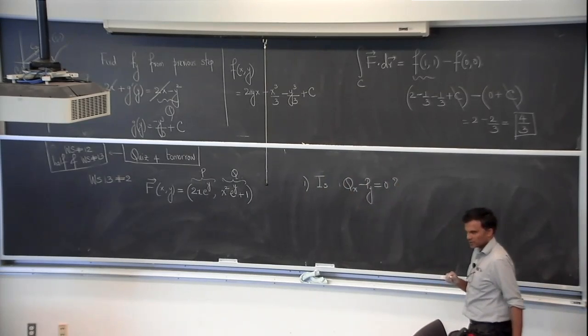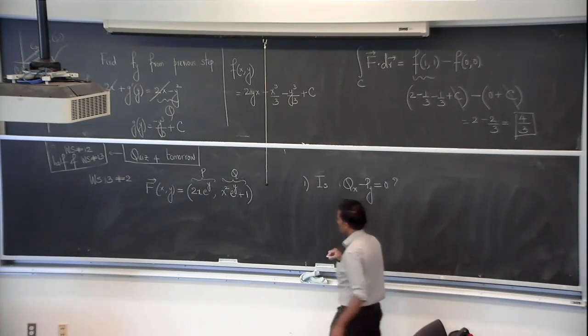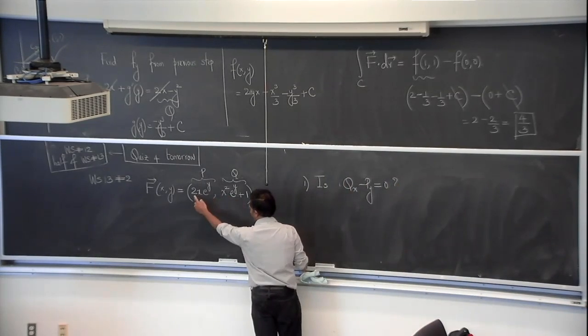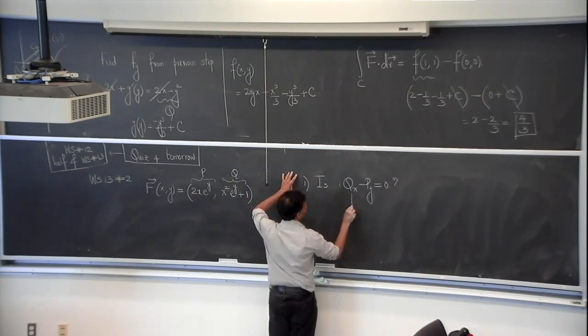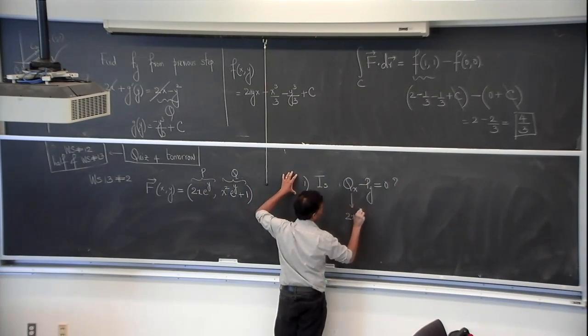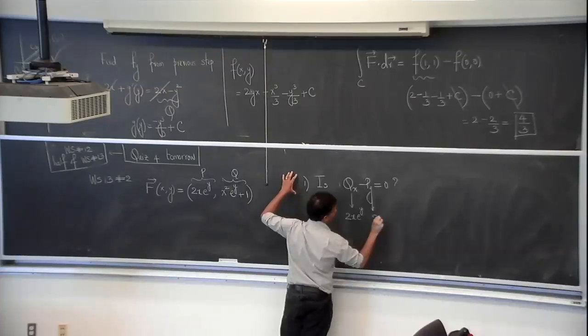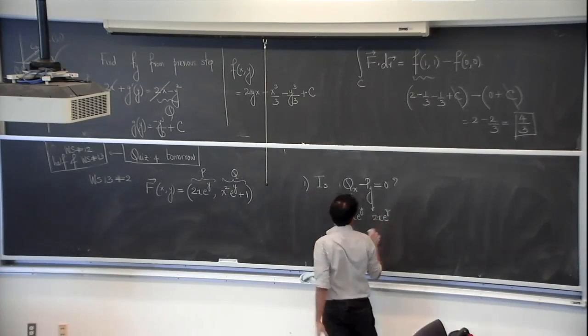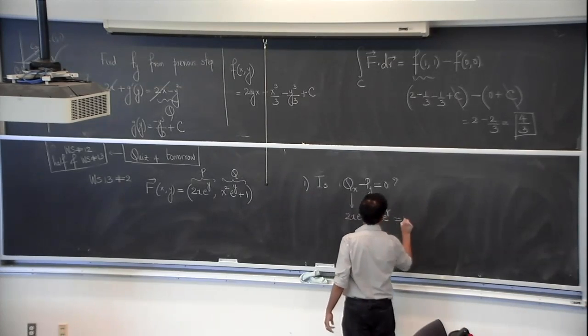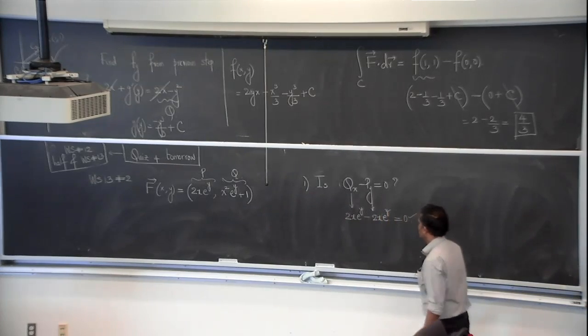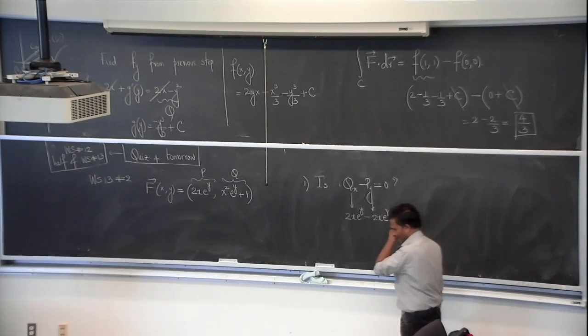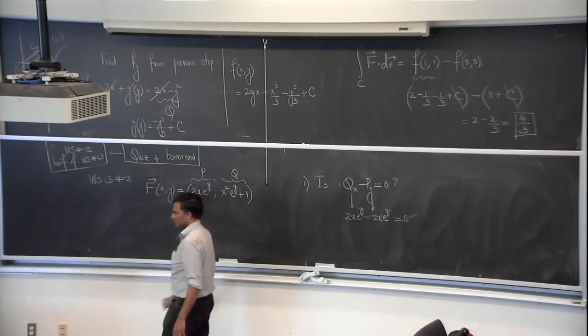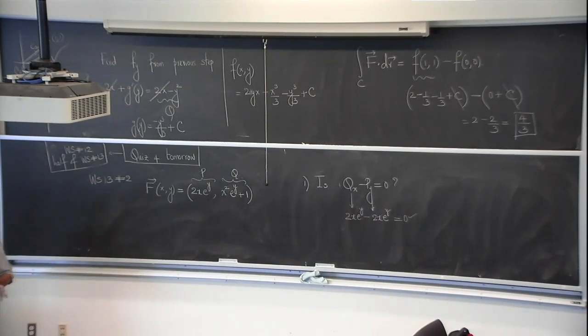If that answer is no, it's a really sad situation. Okay, so qx is 2x e to the y, py is 2x e to the y. If you're getting that answer to be not equal to 0, please double, triple check your work.